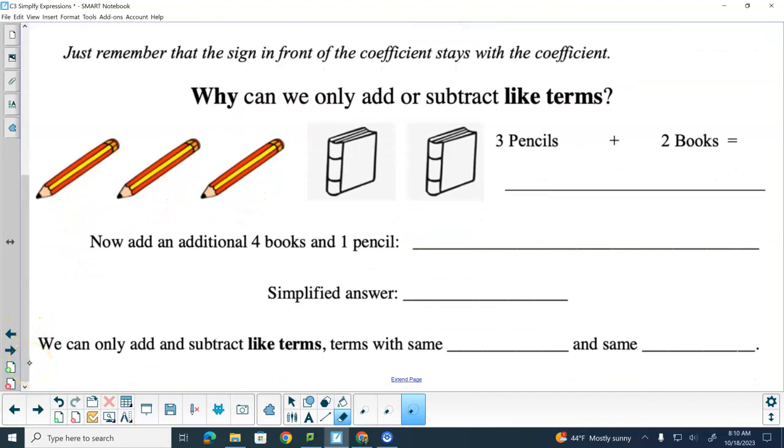Another way of seeing this for everybody is we have 3 pencils and 2 books.